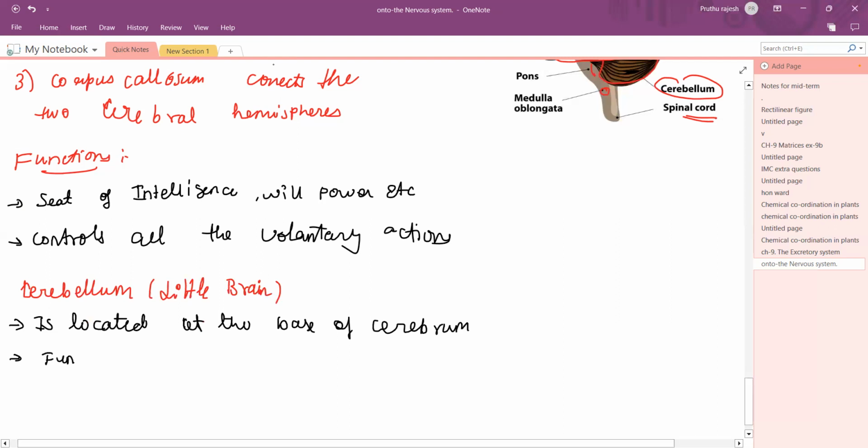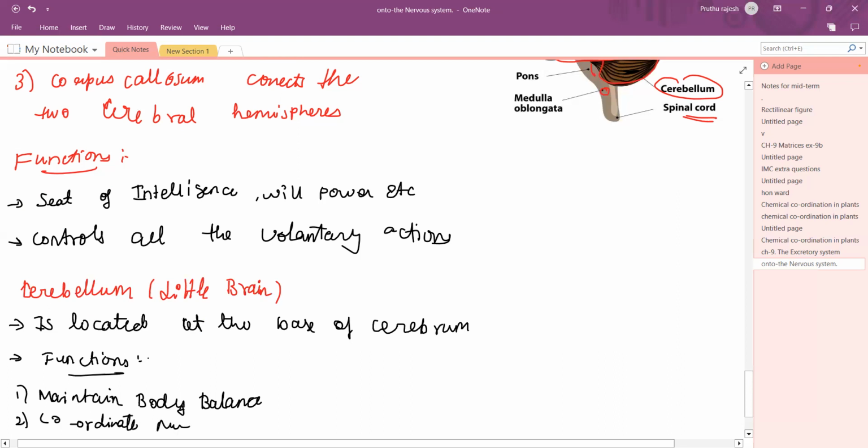Its functions are to maintain body balance and coordinate muscular activities.